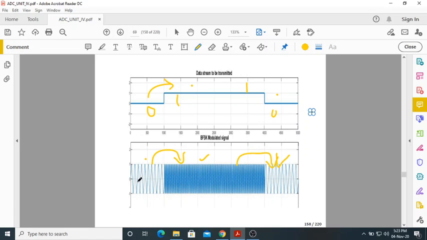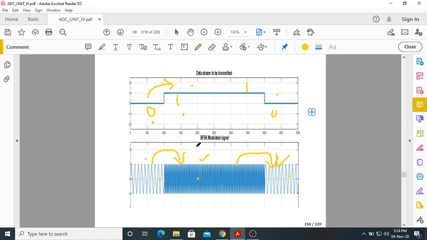Your frequency is less, your frequency is more, something like that. The only thing to remember is that they should have different frequencies. Either you can use more frequency for symbol 0 and less frequency for symbol 1, or you can do the reverse.